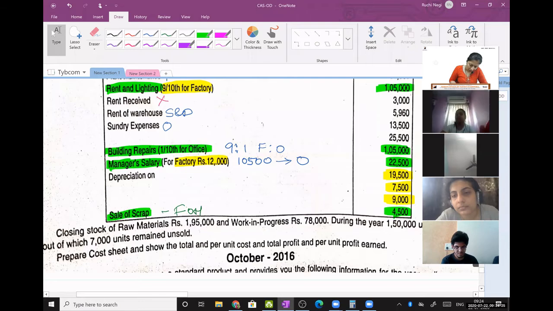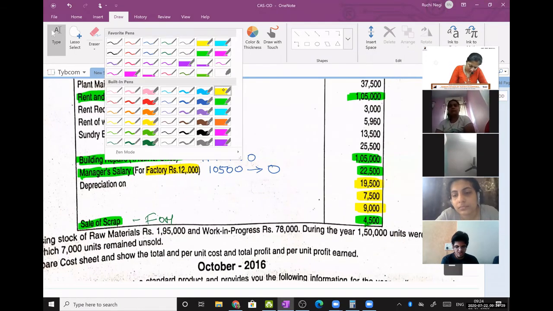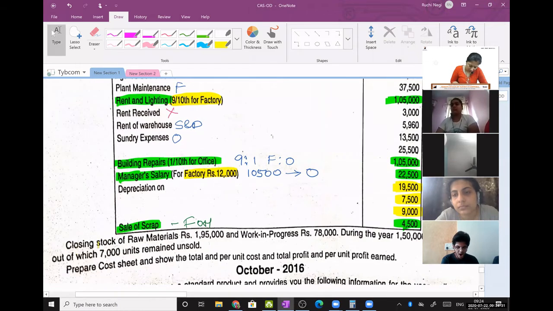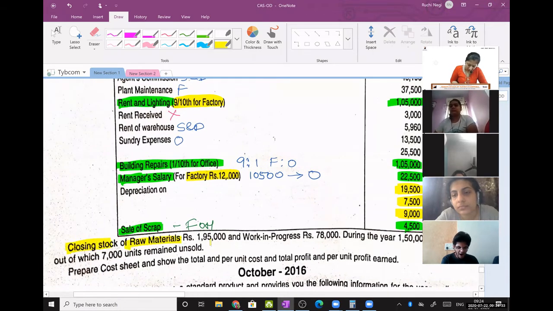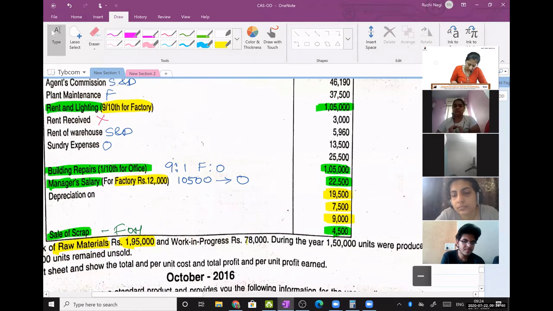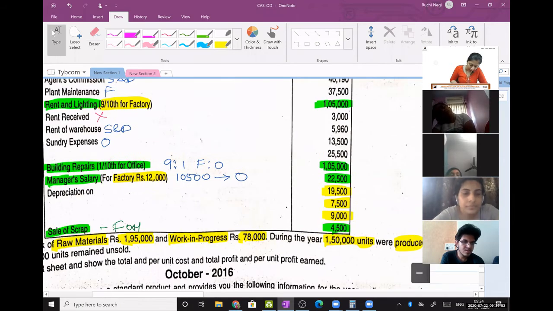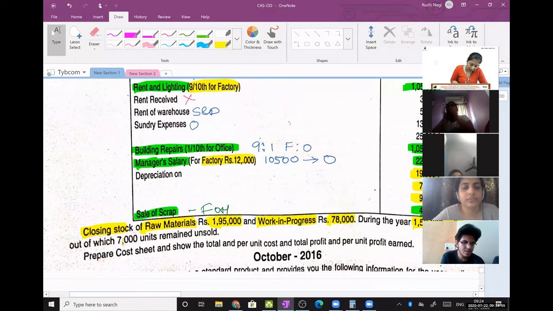Next, closing stock of raw material is 1,95,000. Okay. Closing stock of raw material 1,95,000, less from raw material. Closing stock of WIP is 78,000. Okay. During the year, 1,50,000 units were produced. Out of which 7,000 remains unsold.